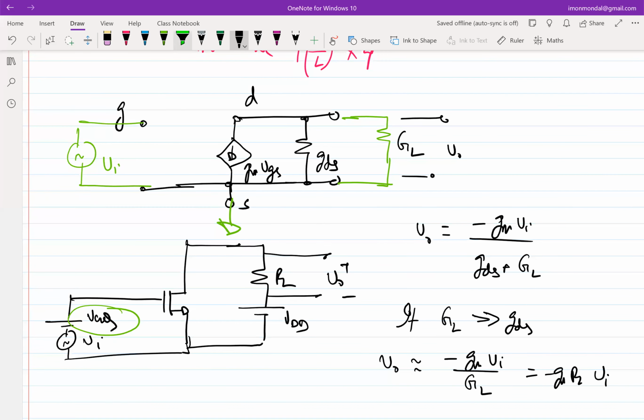Correct? So why am I saying this? This is obvious algebraically. The reason I'm saying it is that if you know a priori how much GDS you typically get, and what GL you are trying to drive, then you can ease your calculations by not including GDS in the transistor model itself. Your transistor model gets simplified.